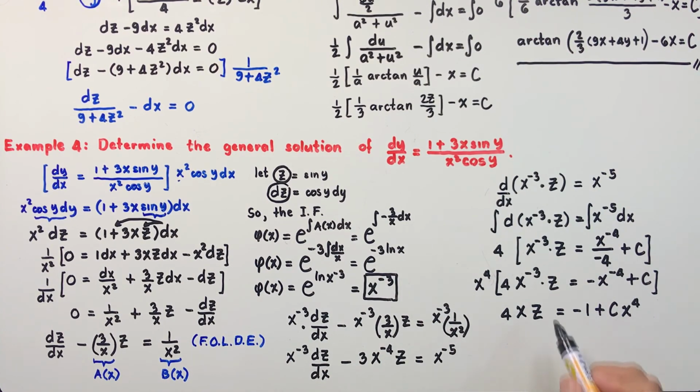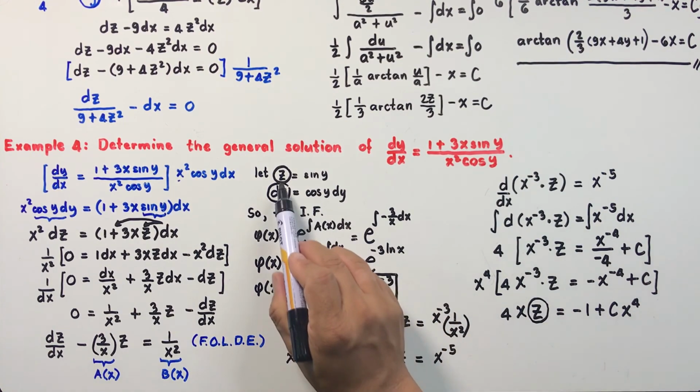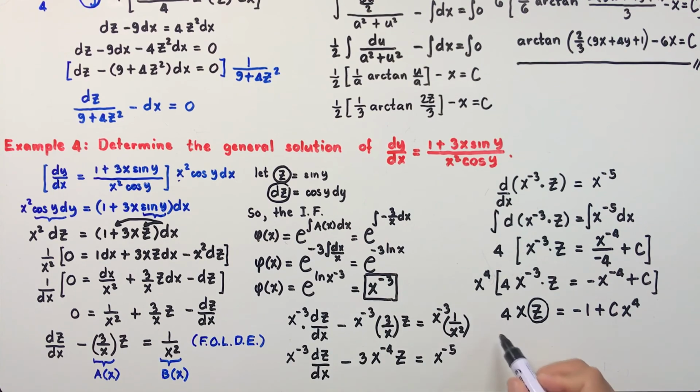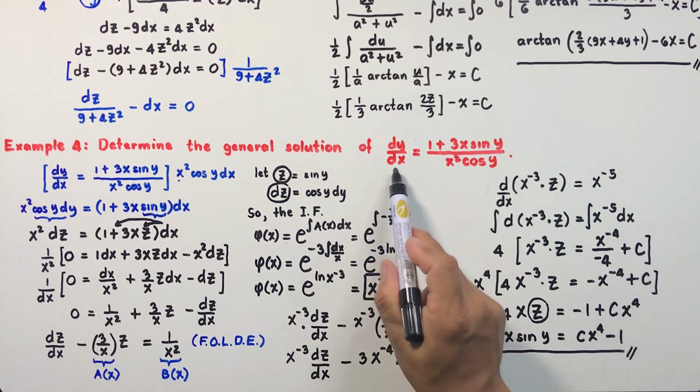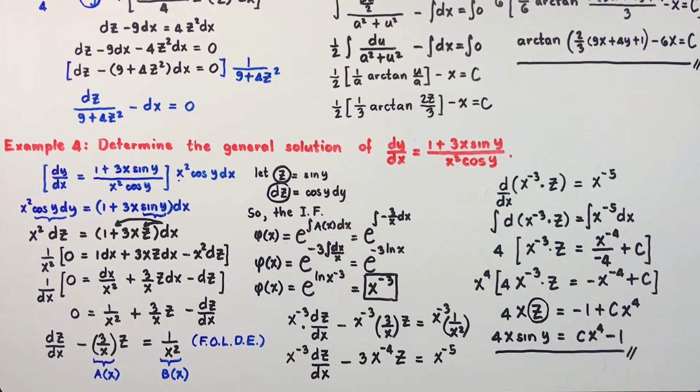Then substituting back our original representation of z, which is sine y, we have 4x times the sine y, which is equal to cx to the 4th minus 1. And this is our solution for this differential equation.